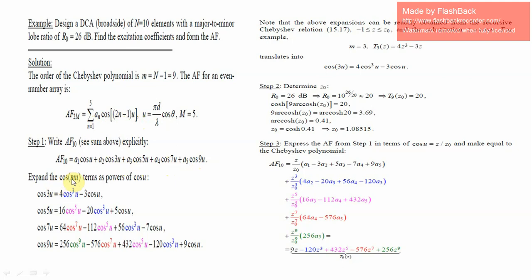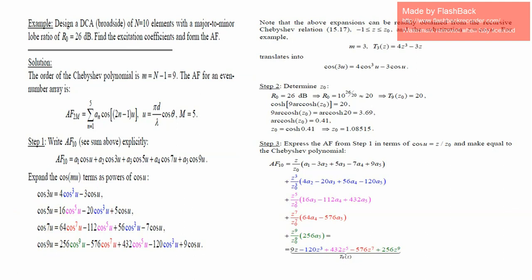And to expand cos mu as a power of cos u, we have seen equation 15.17 in my previous video. Then cos 3u, cos 5u, cos 7u, cos 9u, with reference to the equation, just remember that Tm of z is equal to 2z T(m minus 1) of z minus T(m minus 2) of z.